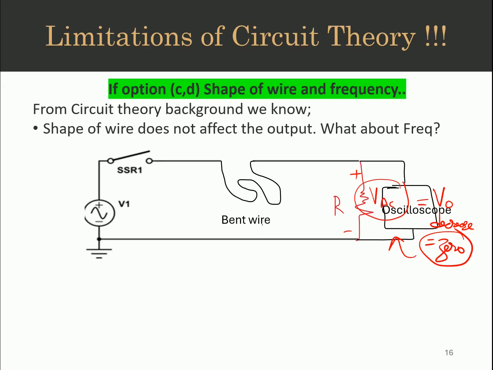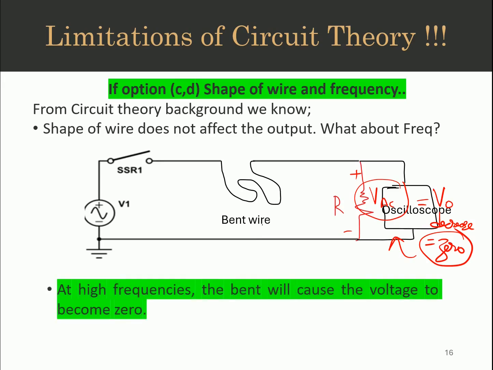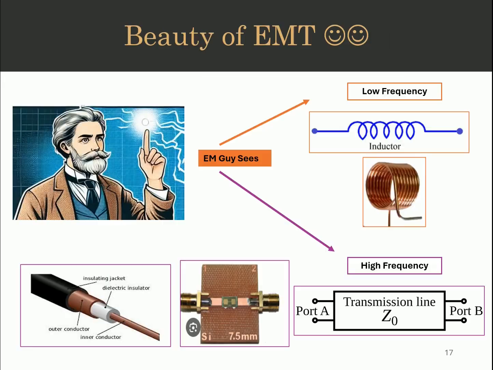Similarly, if we increase the frequency, what is going to happen? The third point, if we increase the frequency, what is going to happen? This is again answered by electromagnetic field theory, which we are going to study, if we increase or decrease the frequency.